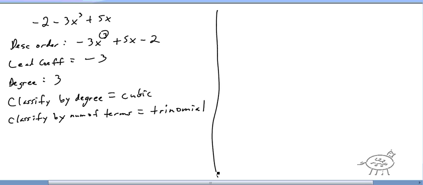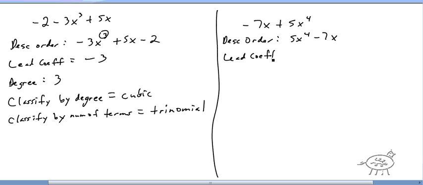Just do it on this side here. Negative 7x plus 5x to the fourth. Okay, so descending order. 5x to the fourth minus 7x. Leading coefficient is 5.